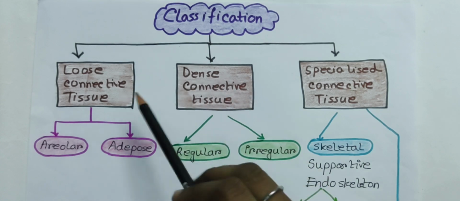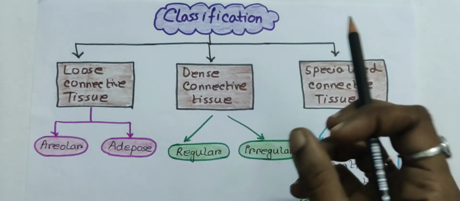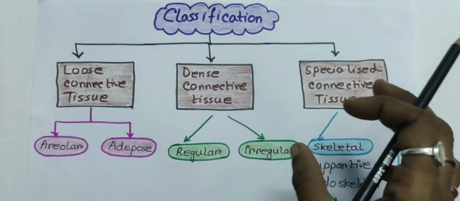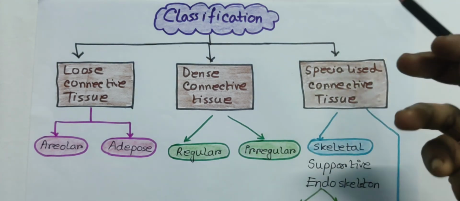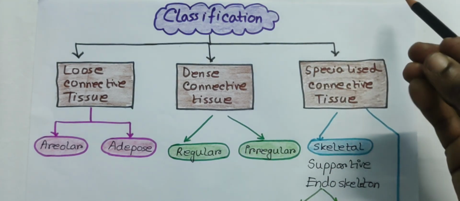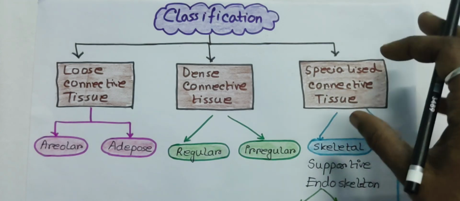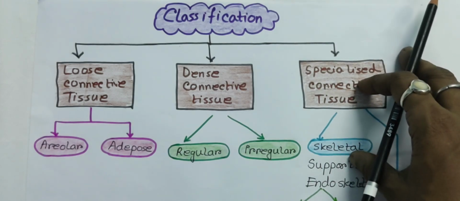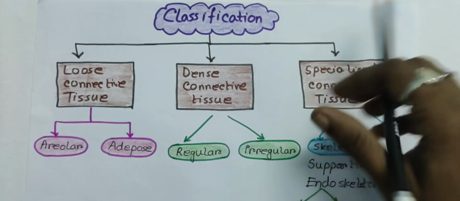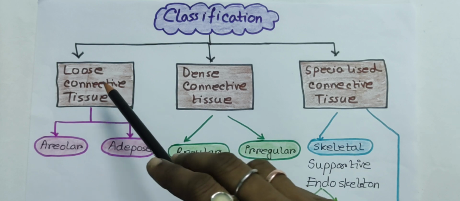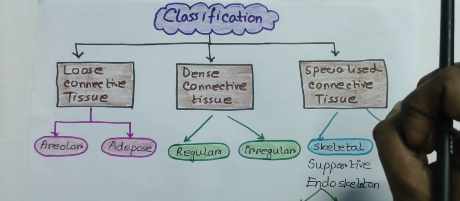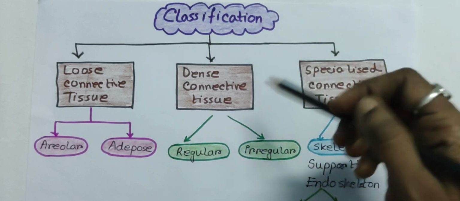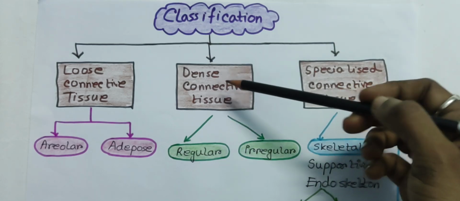In loose connective tissue, the components are very loosely arranged. The components means the cells, the ground substance and the fibers. These are the main components of the connective tissue. If these components are loosely arranged, that comes under loose connective tissue. And whenever these components are densely packed, compact in arrangement, then that is the dense connective tissue.